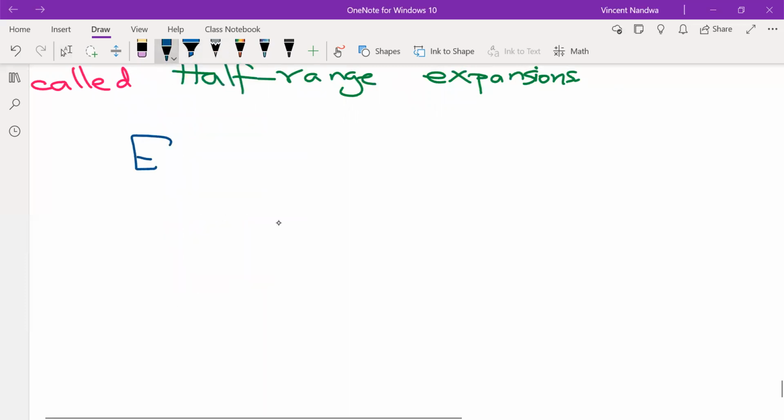So the example states: represent the following function by a Fourier sine series.